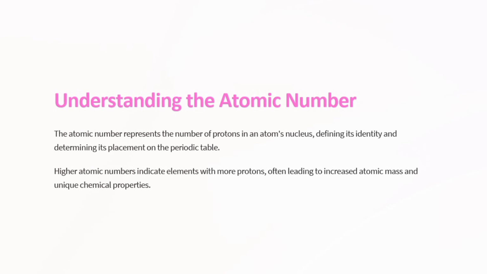Higher atomic numbers indicate elements with more protons, often leading to increased atomic mass and unique chemical properties. One of the things you have to take note of is that atomic mass is a combination of the protons and the neutrons within the nucleus of the atom, and we term that the nucleon number.